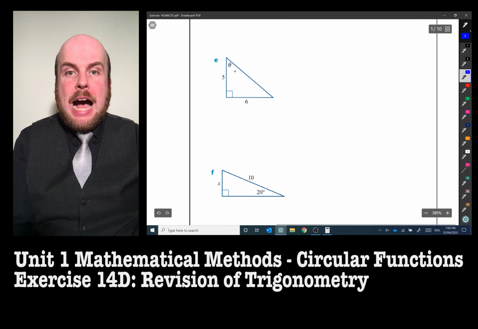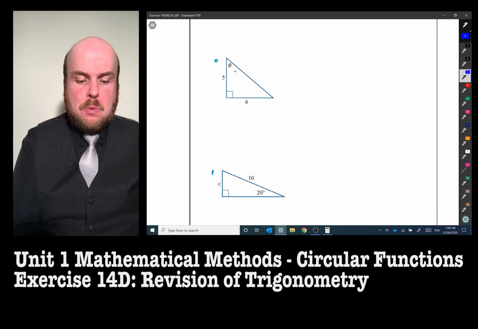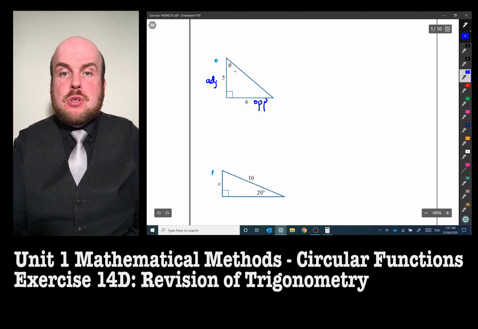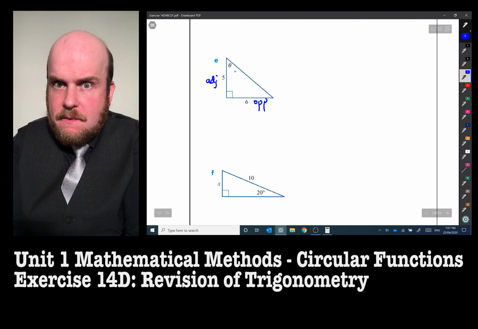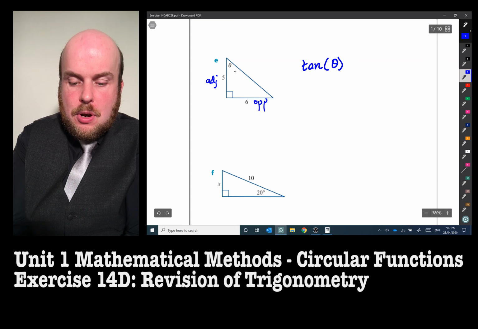This time we have an unknown angle, so we need to find out what this angle is. So this side is the opposite, this side is the adjacent, so we're going to have to do a tangent, an inverse tangent. So tan of the angle is equal to opposite over adjacent.